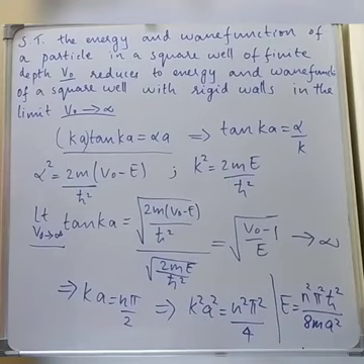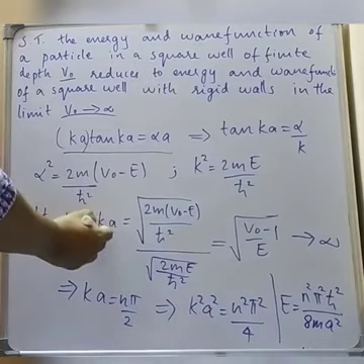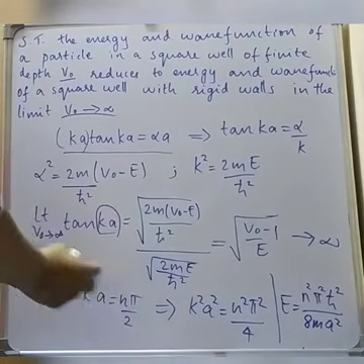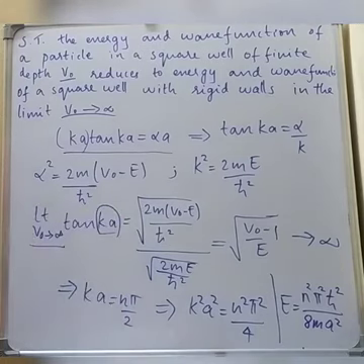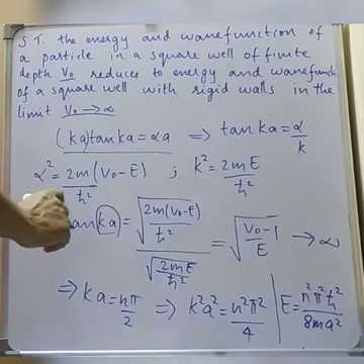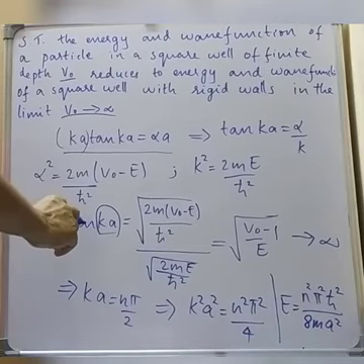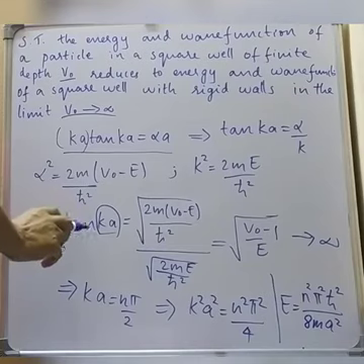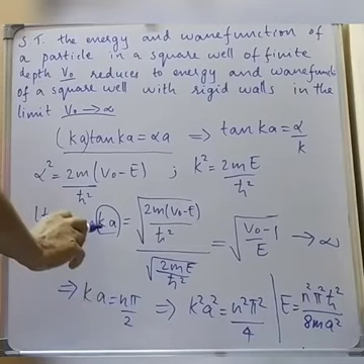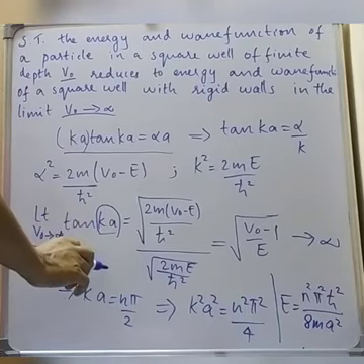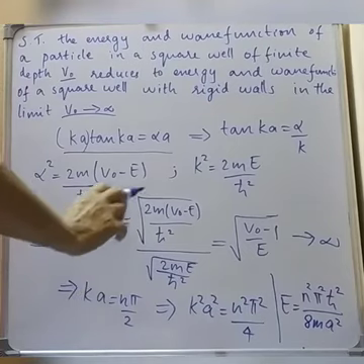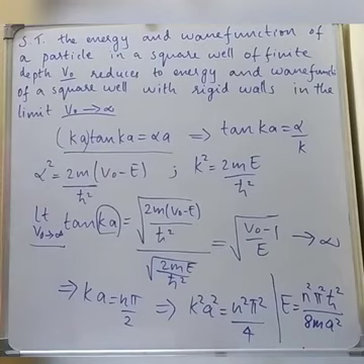That means if V0 tends to infinity, tan Ka will tend to infinity. For tan Ka to tend to infinity, Ka should take the value n pi by 2. As you know, tan Ka is sine by cos. At pi by 2, sine will be maximum and cos will be 0. So 1 by 0 means it tends to infinity.